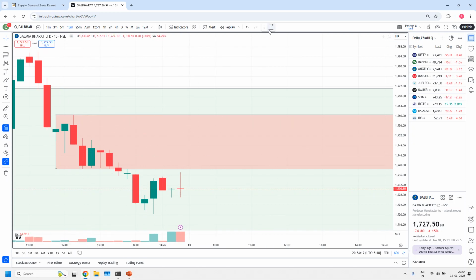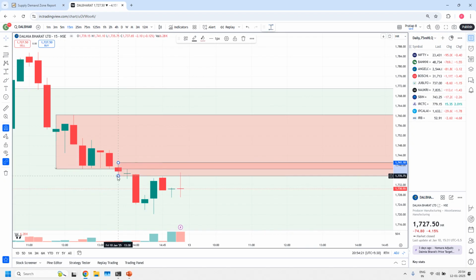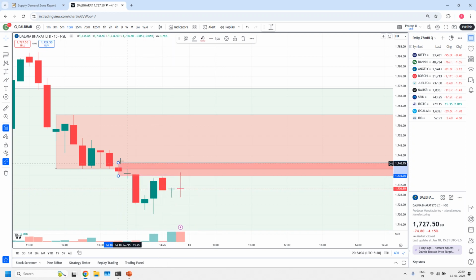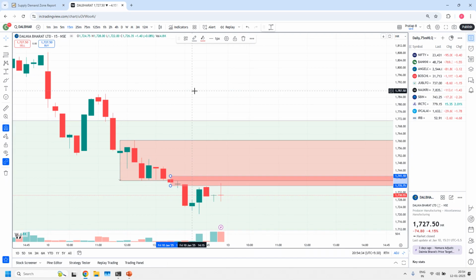If at all anything, this is the only one. And it looks like it is already a tested zone. So this is a 15 minutes fine-tuned area, drop base drop at the proximal line of the supply zone.